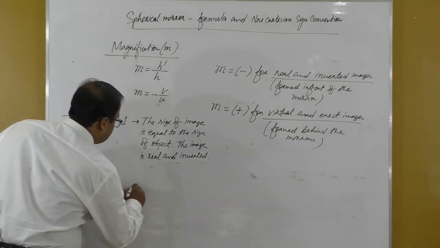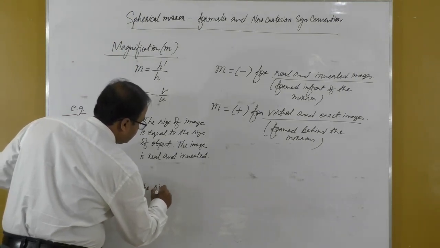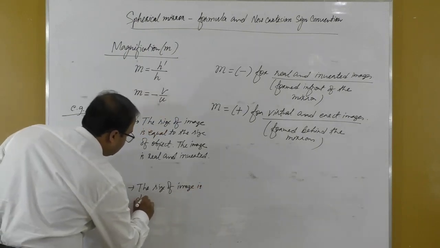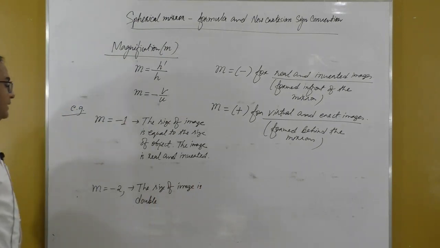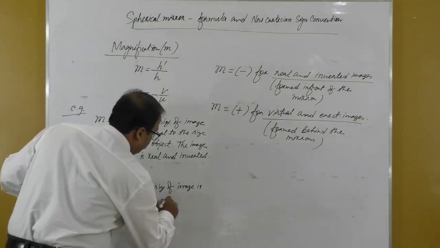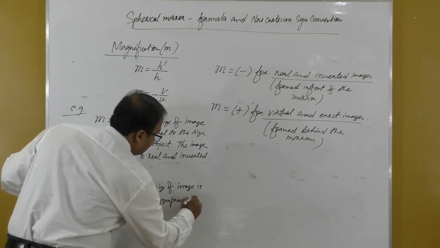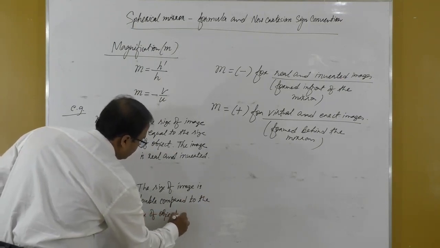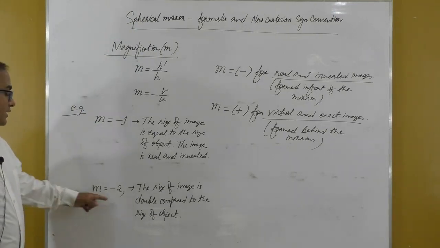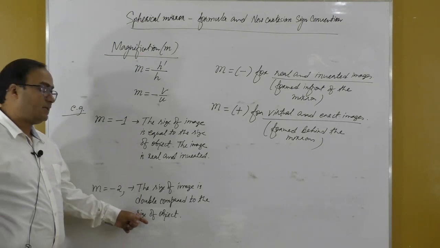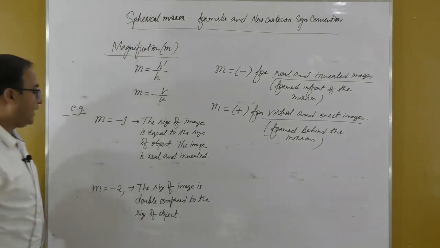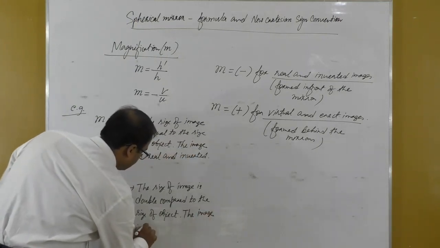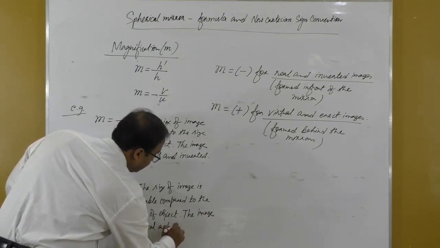Here the size of image is double compared to the size of object. इमेज का साइज और ऑब्जेक्ट का साइज में क्या है, यहाँ पे 2 से क्या इंफॉर्मेशन मिला कि इमेज का साइज ऑब्जेक्ट का साइज से डबल है. That 2 represents that, and minus sign indicates what, the image is real and inverted.